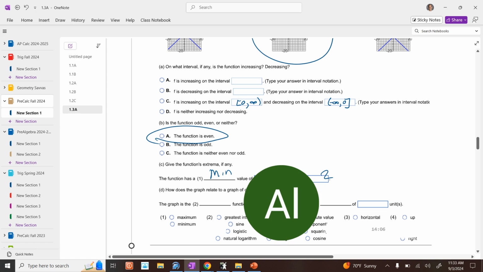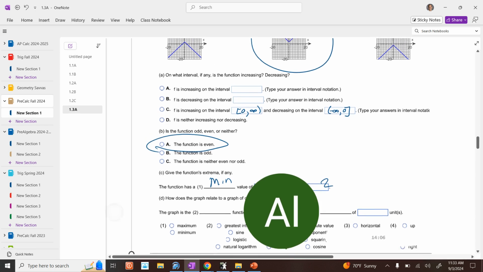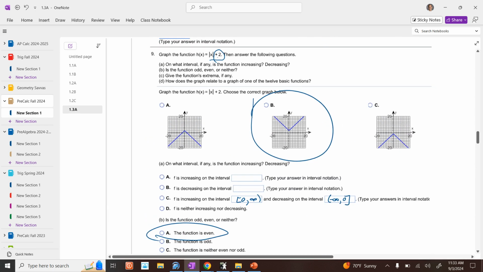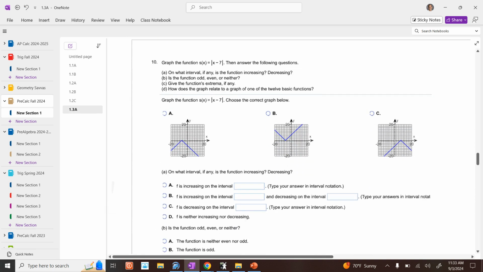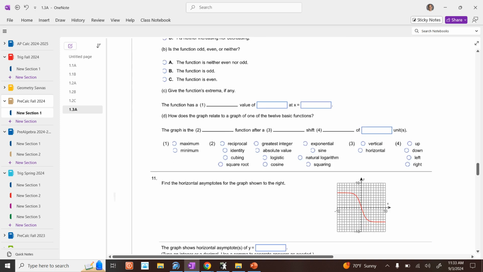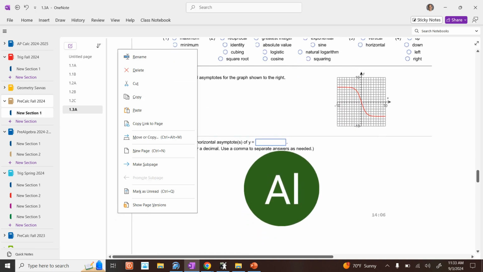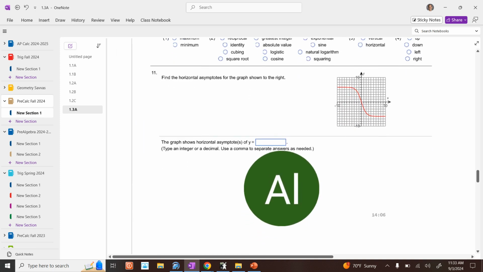And then the function is, how does it translate? Well, it translates up by 2 from the original. Up by 2. So you have questions like that on your assignment. Asymptotes, horizontal asymptotes.